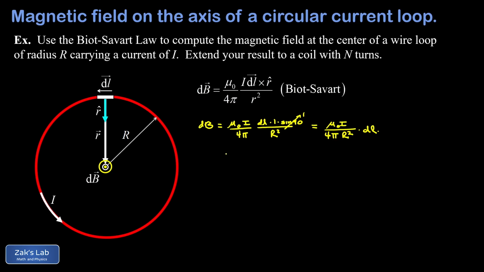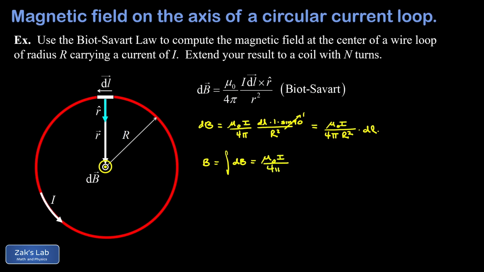And so all that stuff out in front is just constants, and now I'm ready to integrate with respect to L. So I get B is the sum of all the little dBs. This is what an integral does. It's just a continuous summation over a bunch of infinitesimal contributions, and I can sub in my expression for dB, and I'm going to move the constants outside the integral.